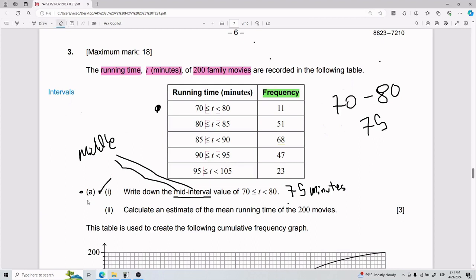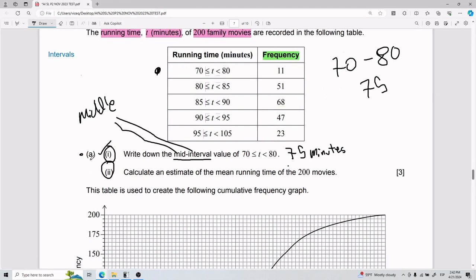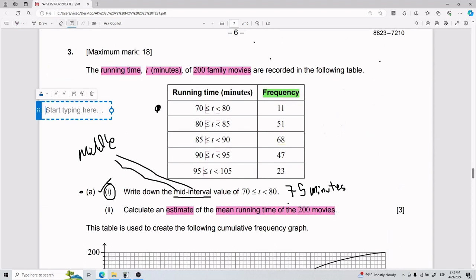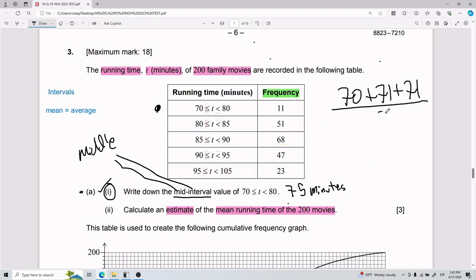Part A, part double I, and remember, anytime you have I or double I, it means they're associated with each other, right? So for double I, we need to calculate an estimate of the mean running time of the 200 movies. And so when we see the word mean, let's just recall that mean is the same as average. And what we're used to doing for average is saying like, I don't know, 70 plus 71 plus 71 divided by 3, right?